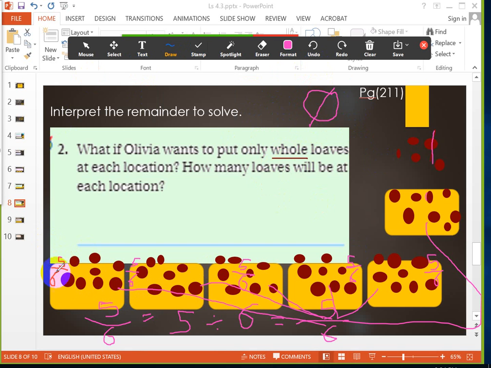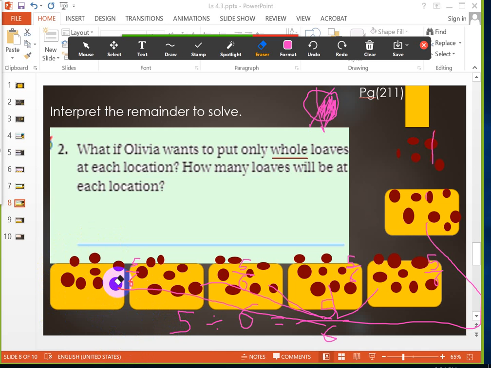Look, this 5/6 is a piece of a loaf. A piece like this, or a piece like this. That means it will not be a whole loaf. If Olivia said, please don't put pieces, I want whole loaves, that means I will erase this small piece, which is 5/6, and the number of loaves in each location will be what?